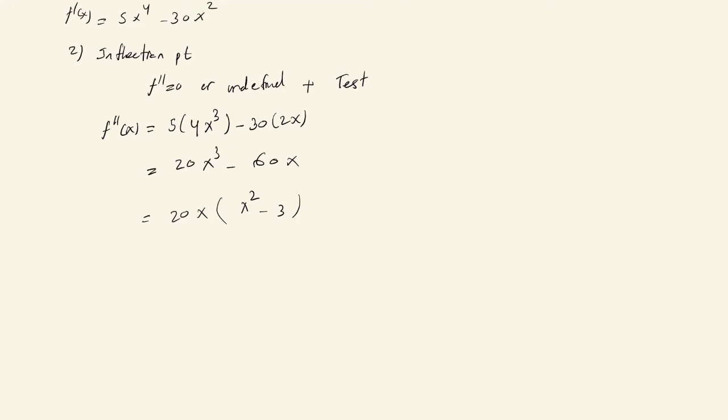This is again our second derivative. So we notice here this function is defined for all values of x. So what I want to care about now is only where the second derivative is 0. It's going to be 20x multiplied by x squared minus 3 equal to 0.